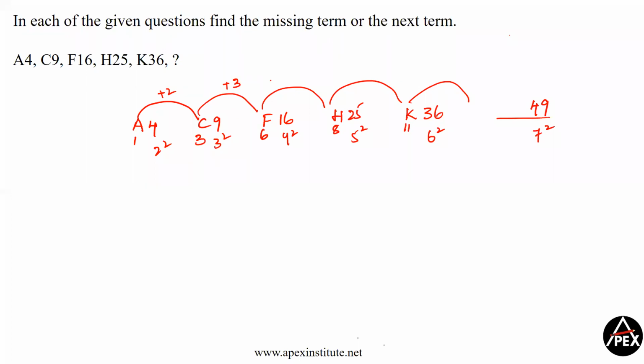Again, F plus 2 is H. H plus 3 is K. So I can say that, okay, 2, 3, 2, 3. Okay, these are repeating after each term. Okay, so then it will be K plus 2. So the alphabet corresponds to M. Okay, so the last term in this series should be M14.